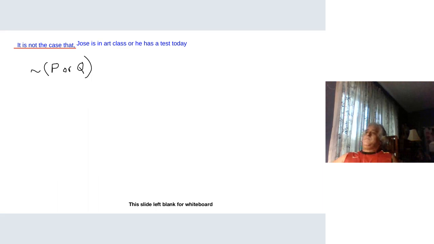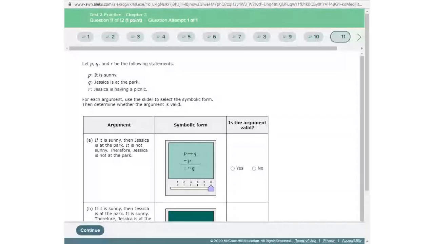So you could go through and do the truth table and that would work, but I'm trying to take us a shortcut on it. All right, so let's see the other one.